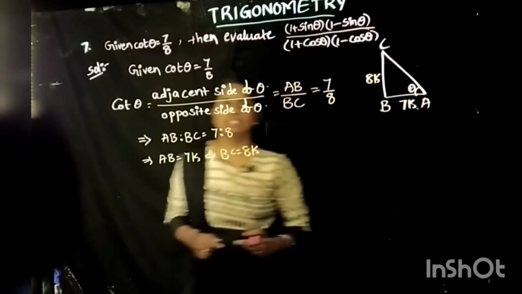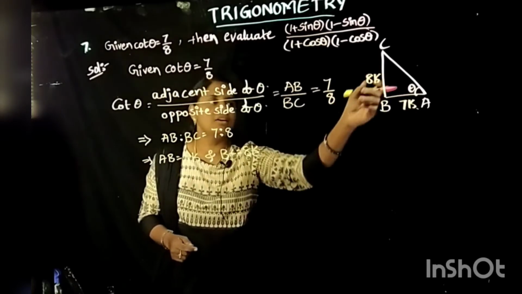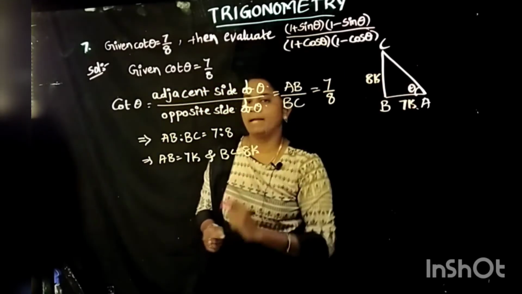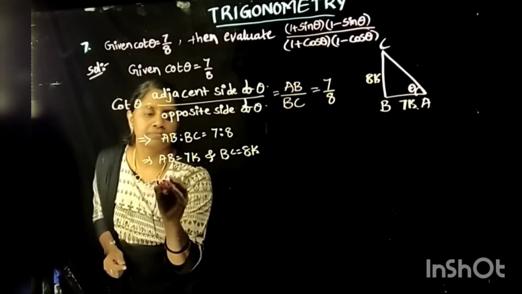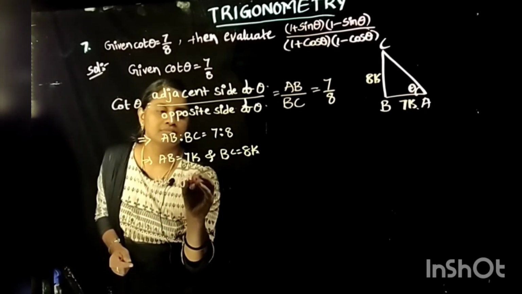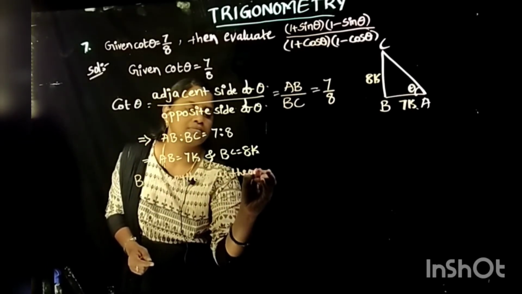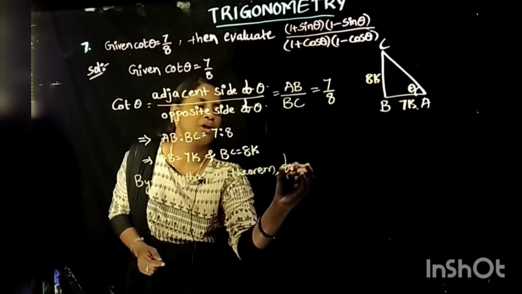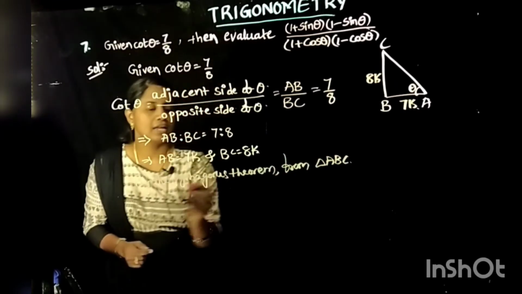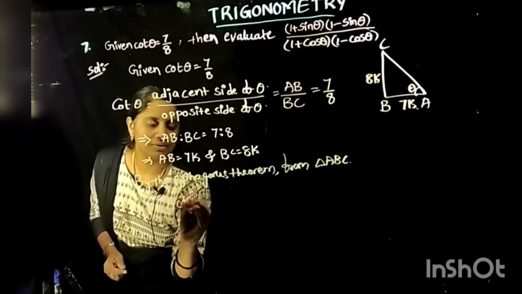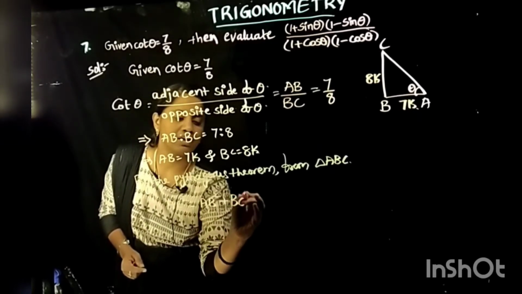How to find this AC? Already we have learned about the right angle triangle. We find the other side with the Pythagoras theorem. By the Pythagoras theorem, from triangle ABC, AC square is equal to AB square plus BC square.